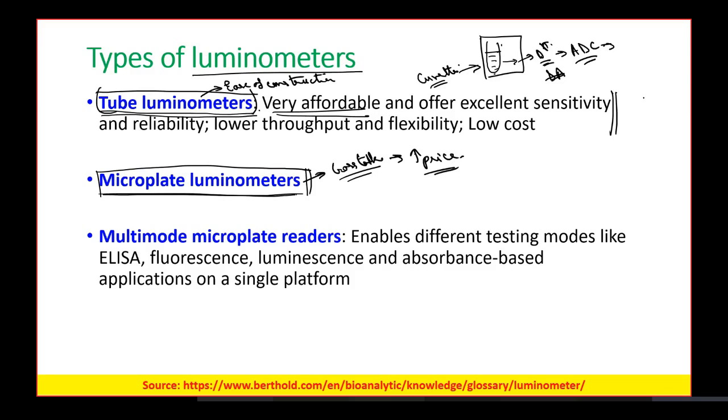You can design this system in your own lab at a price of say rupees 10 to 20K. However, this microplate illuminator machine would cost something around rupees 5 to 10 lakhs. Some cheaper ones are also there, which may cost around 3 lakhs also. However, 3 lakhs is not a very small amount. It is also a very high amount. So you can design your own system within 10 to 20,000.